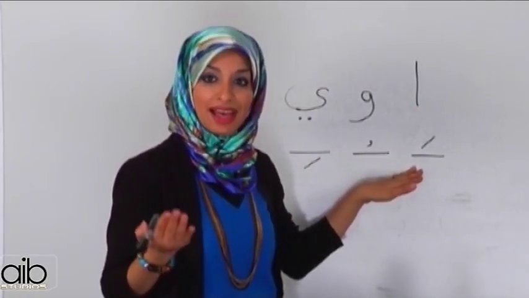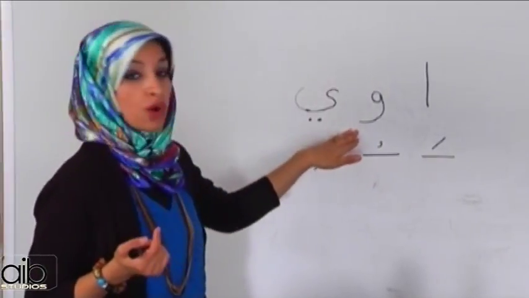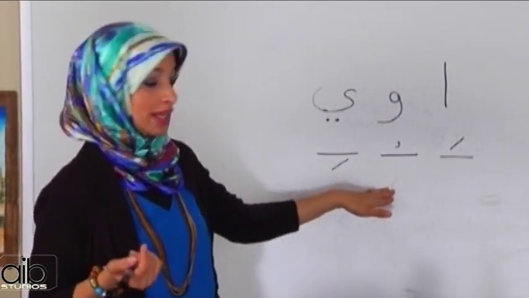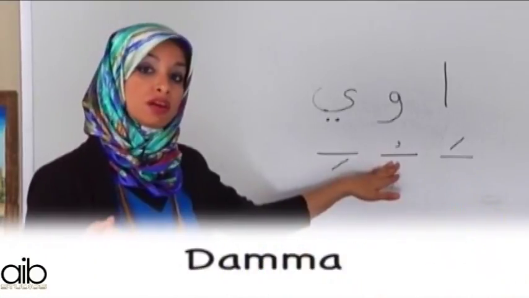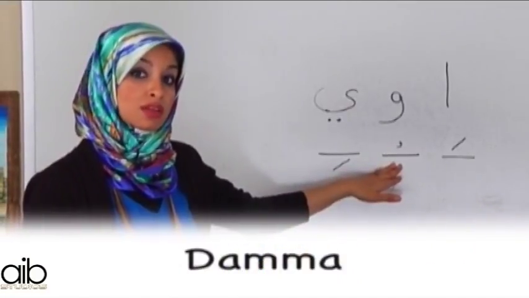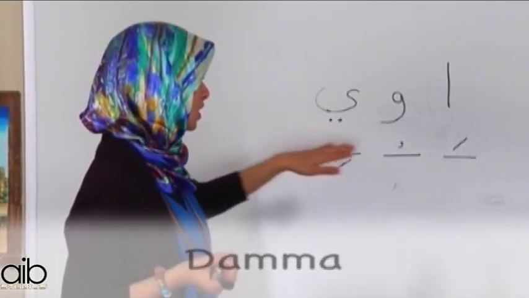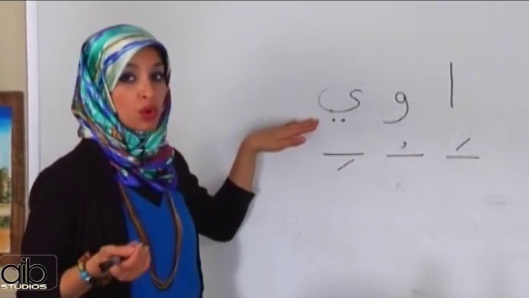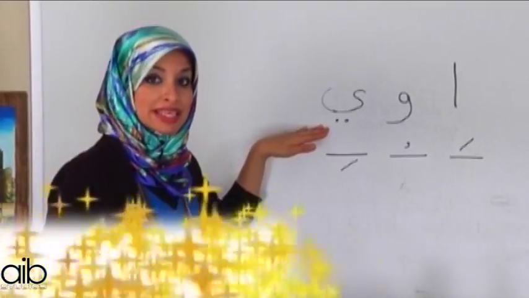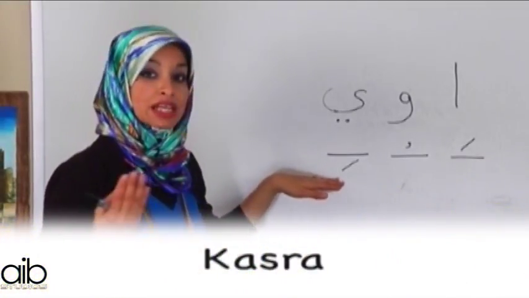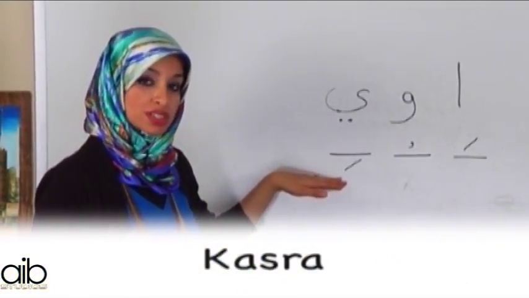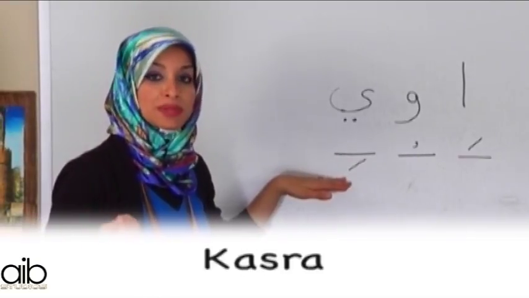The waw also has a corresponding vowel marking, and this vowel marking is called Damma. And Damma would make the short oo sound versus waw making the long oo sound. And again, the last one is ya, the long vowel of e, versus a kasra, and kasra would be a shortened e.